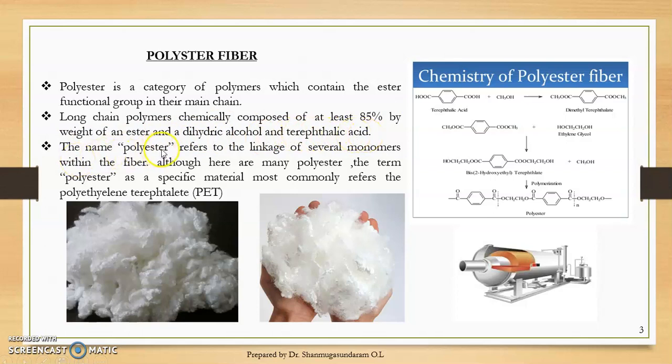The name polyester refers to the linkage of several monomers within the fiber. Although there are many polyesters, the term polyester as a specific material most commonly refers to polyethylene terephthalate, that is PET. Please look at the slide, the chemical structure of the polyester fiber.